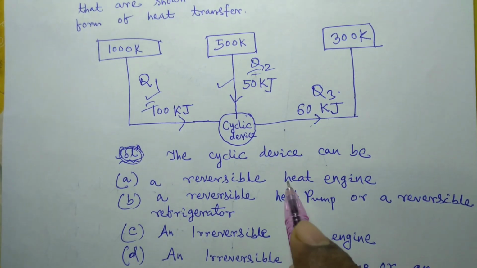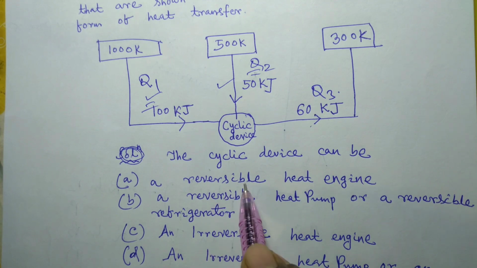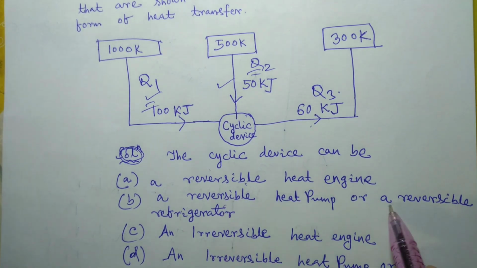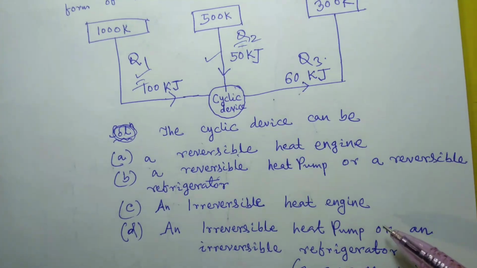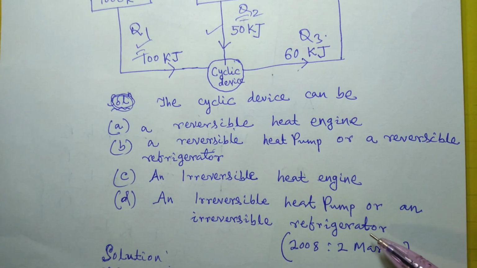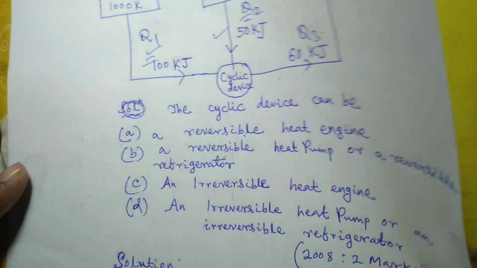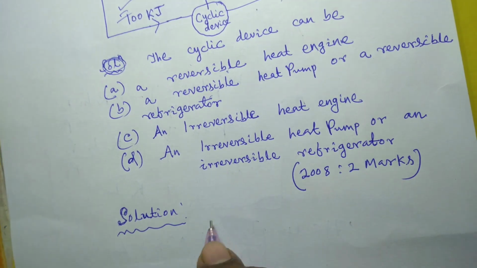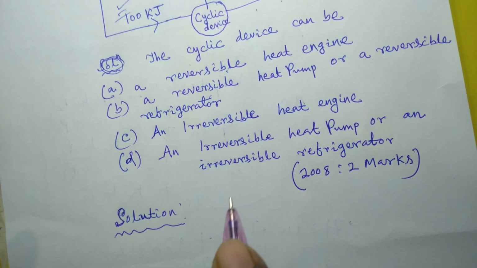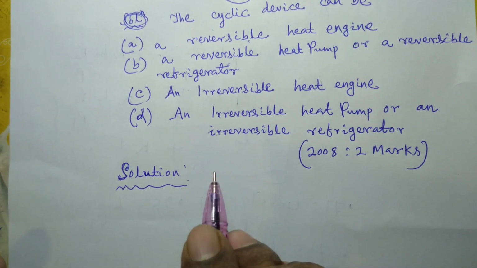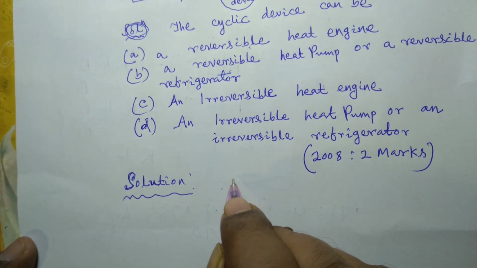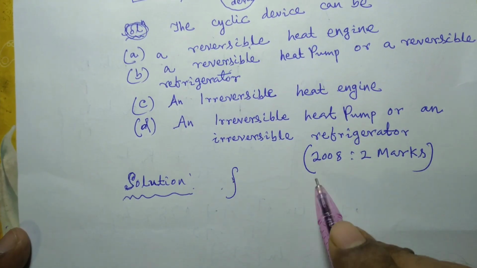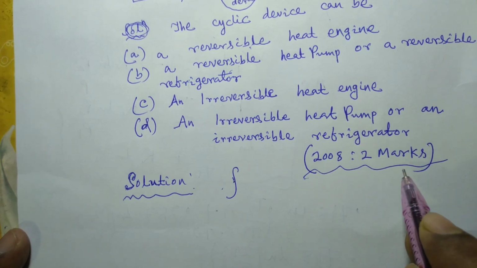So we have to conclude whether the cyclic device can be a reversible heat engine, a reversible heat pump or a reversible refrigerator, an irreversible heat engine, an irreversible heat pump or an irreversible refrigerator. We can find out whether it is reversible or irreversible just by applying the Clausius inequality. This was asked in GATE 2008 and it carries 2 marks.